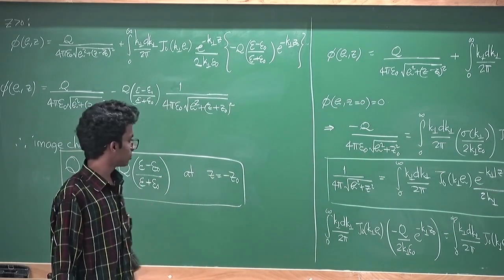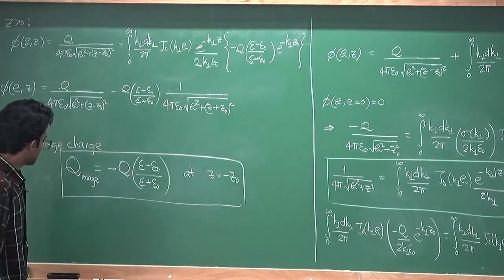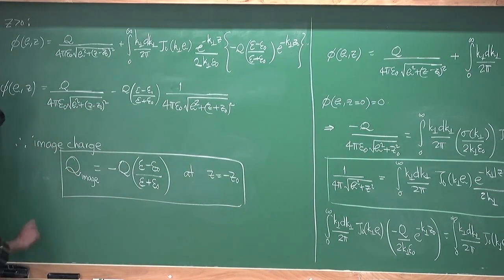Now you might ask, sensibly, what if we take a problem that looks like this? You take some dielectric slab, some epsilon, epsilon naught, epsilon naught.